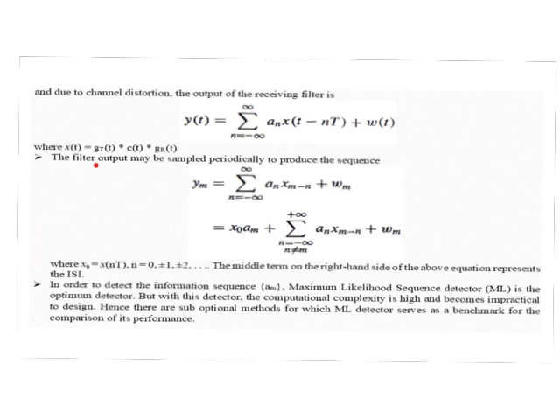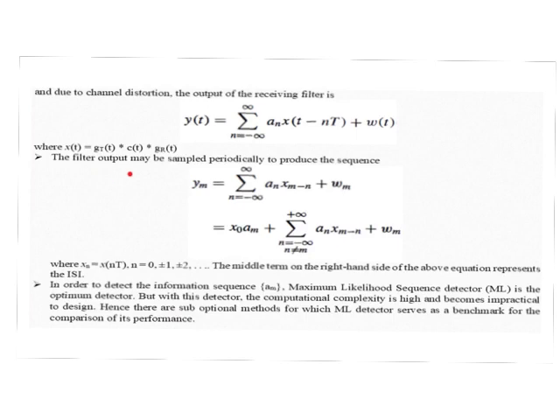Here x of t, as we know, is equal to gT of t convolved with c of t, which is again convolved with gR of t.